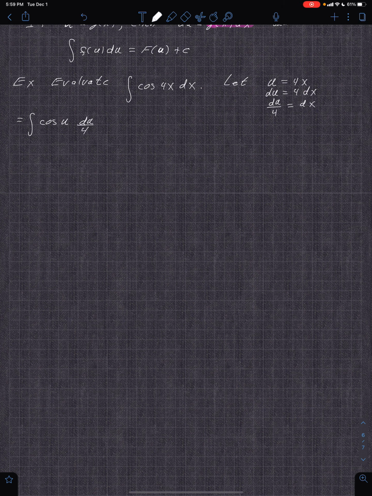Du over 4. And so you can factor out the 1/4, and you're just doing the integral of cosine u du. And we know what that is. That's just sine. So it's 1/4 sine u and then plus c, because these are indefinite integrals.